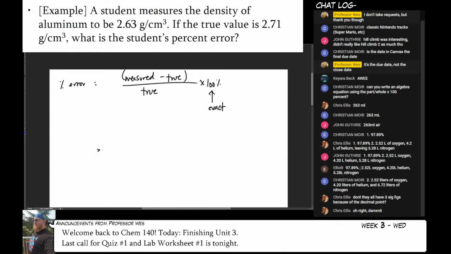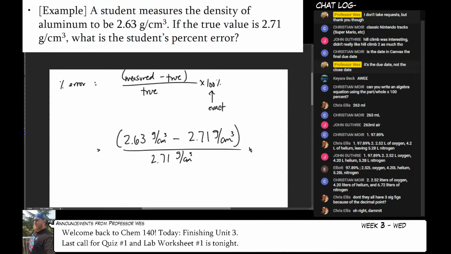I measured, I being the student, 2.63 was the density that I measured. But the correct density was 2.71 grams per cubic centimeter. And so that goes down here times 100%.